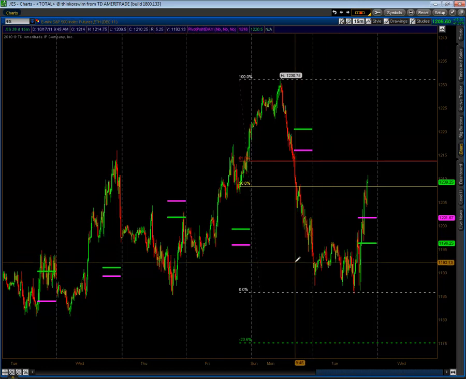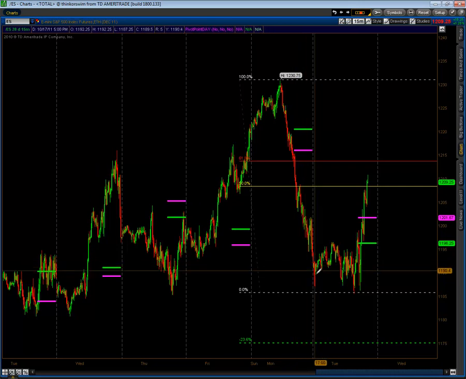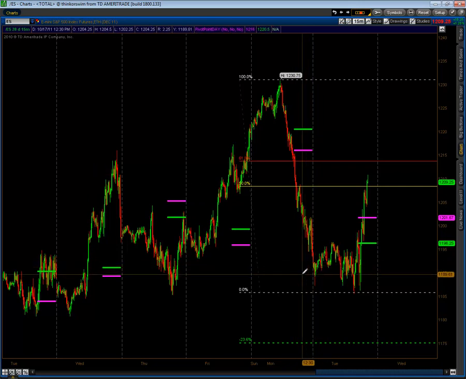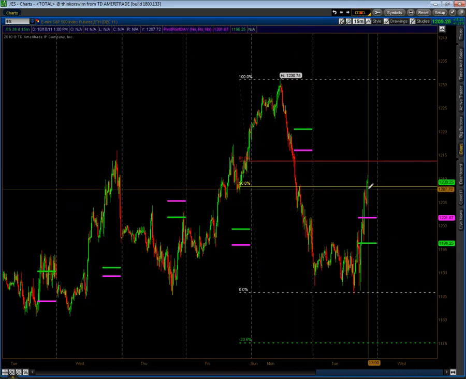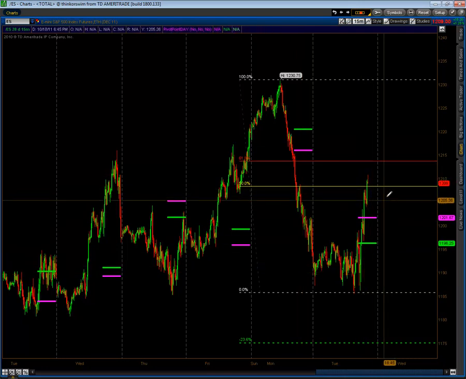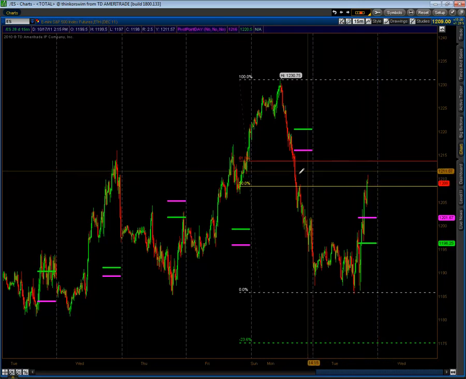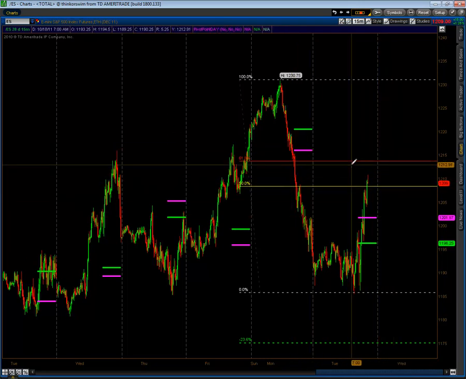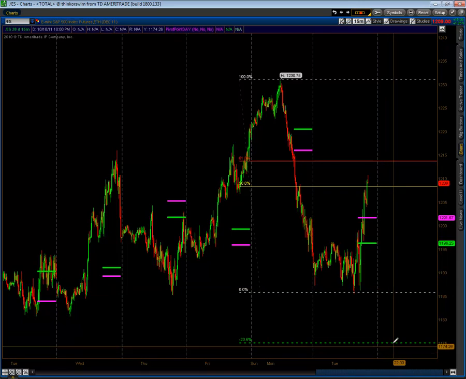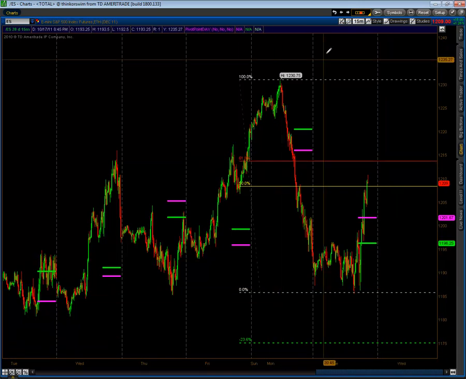They don't know that the trend has failed as far as the programs are concerned, and we do, right? They're just seeing big green candles. They don't want to miss out. What they don't know is that there's programs sitting up here ready to take all their money and drive this thing lower.